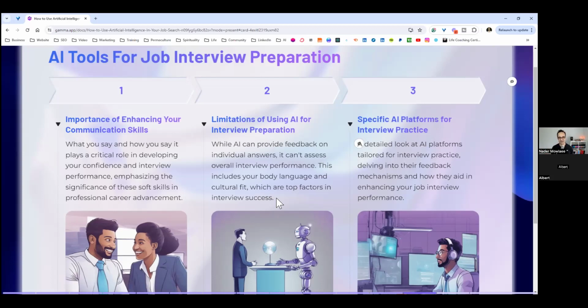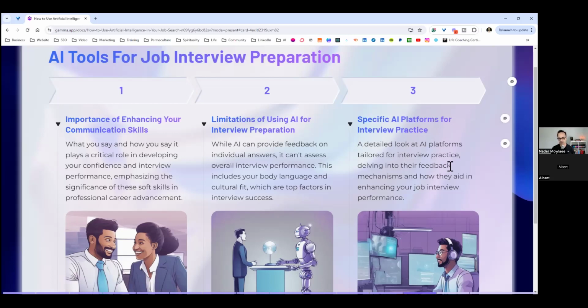But still, to this day, I would say you want to get your body language checked with a real unbiased person, someone who can look at your environment, your technology, the experience of speaking with you. Simple as how you initiate a conversation. Are you smiling? Are you excited? What does your energy say about you? So that's where a real human being comes in, and that becomes a limitation of AI.